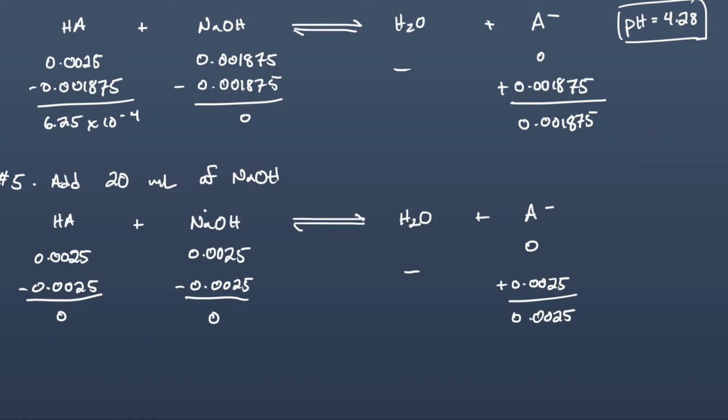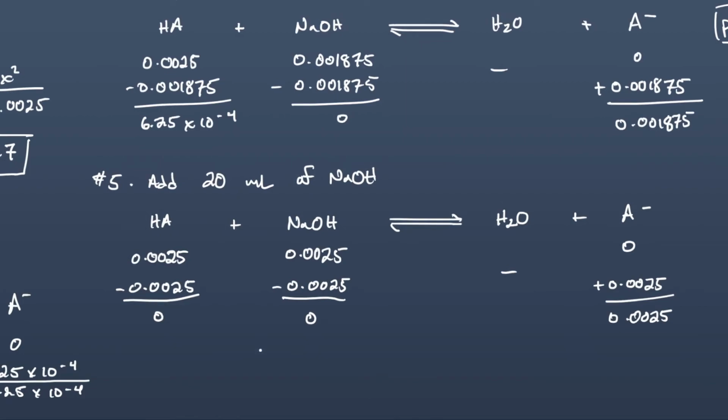What we have to do is cram another equation down here. We have A minus now in solution with some water, and it's going to self-ionize into OH minus and some HA.